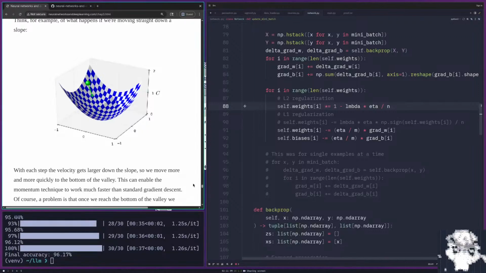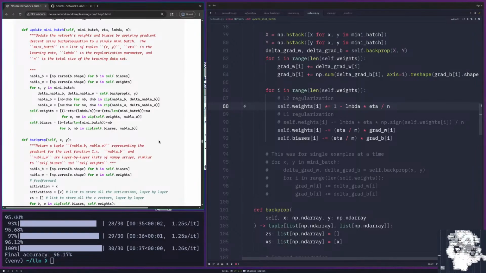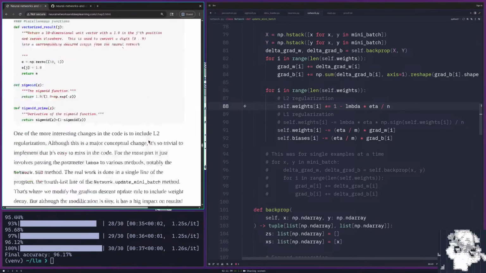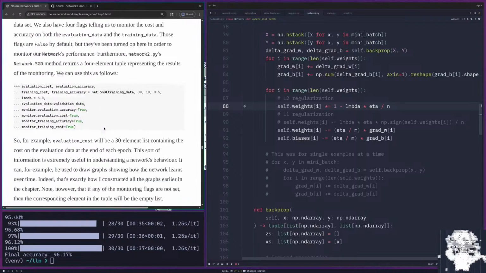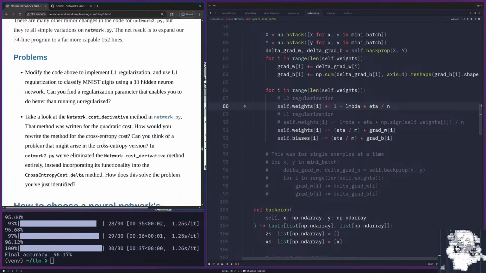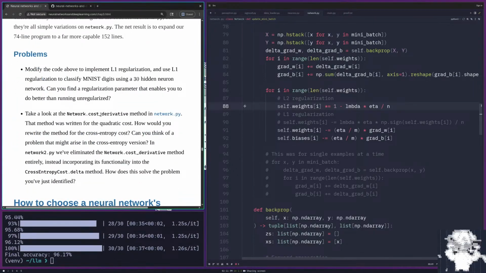I've lost the plot. Where was this problem? Here. How would you rewrite the method for the cross entropy cost?